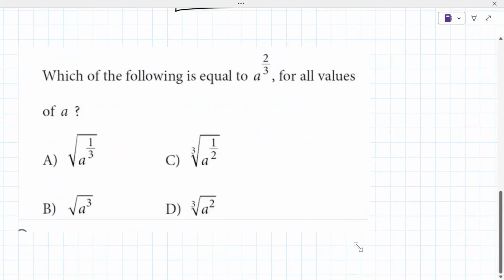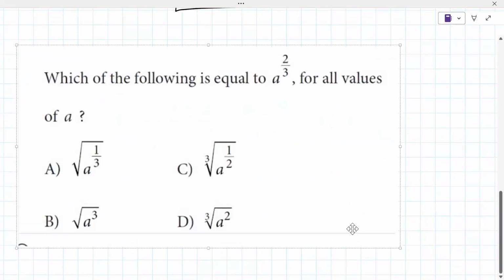Let's put that in front of you here. All right. So, is it B?